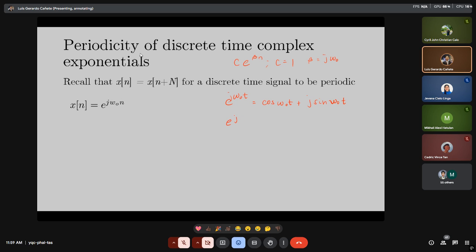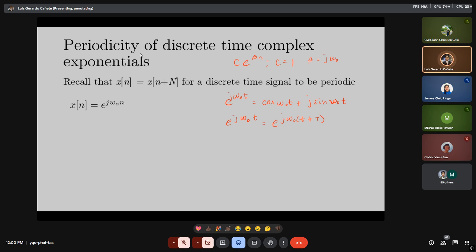So this means that if we can show that e to the j omega o times t is equal to e to the j omega o times t plus tau, then that tau is going to be the period of this signal right here. And you can show this mathematically, that this does in fact exist.